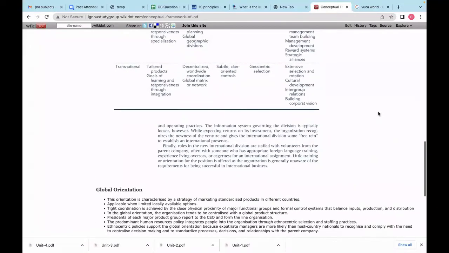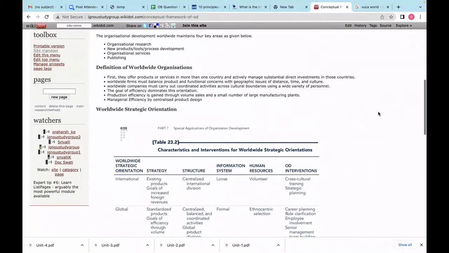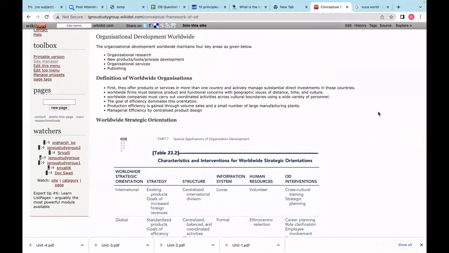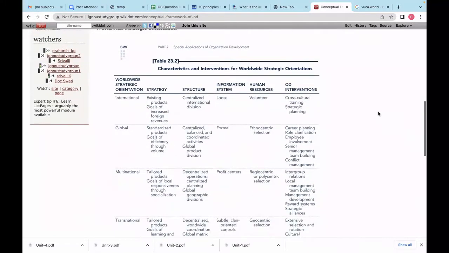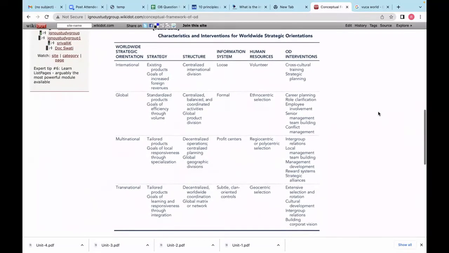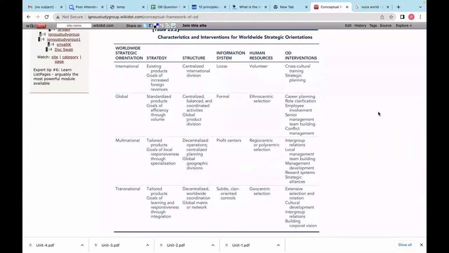Okay, so going to finer points. Global orientation tends to be centralized with a product structure, which is centralized at the top. Multinational orientation might have multiple products, and for each center there could be a different type of product, so there will be a lot of customization. In global orientation, each major product group reports to the CEO.